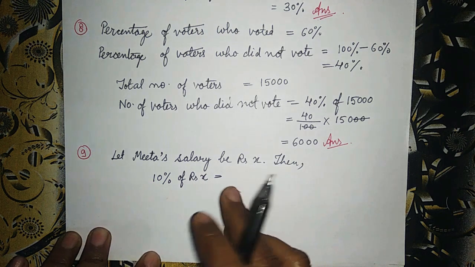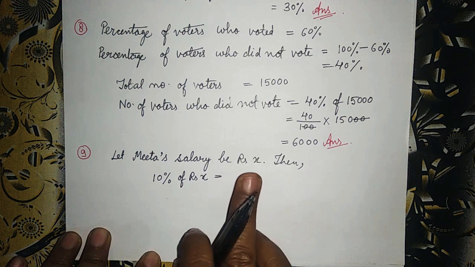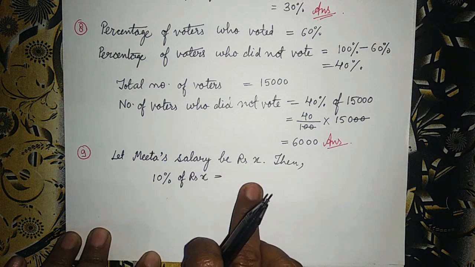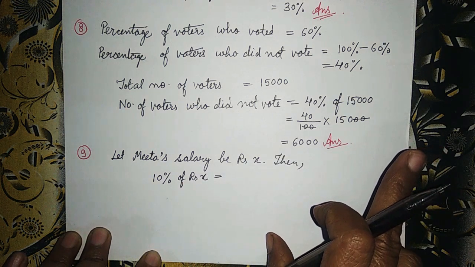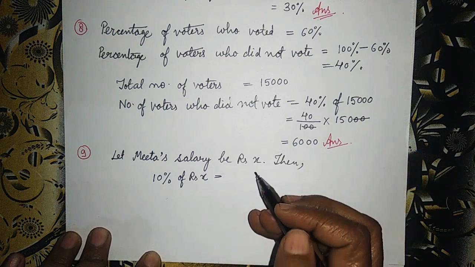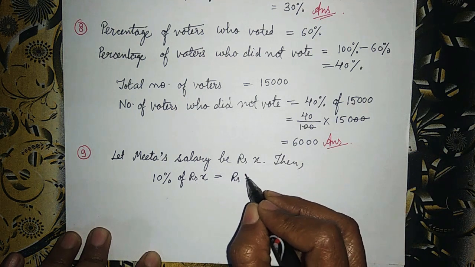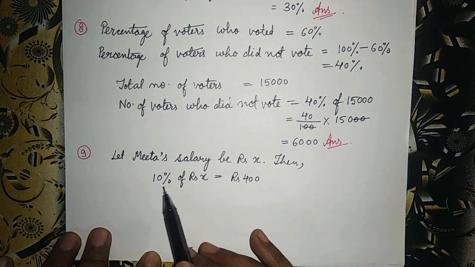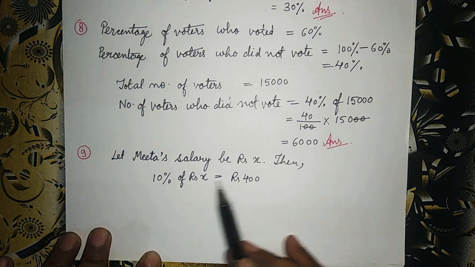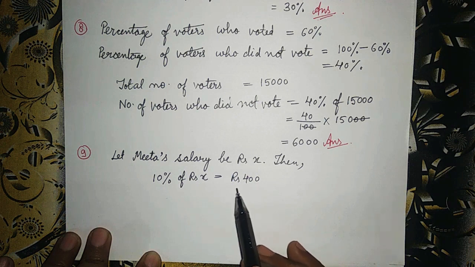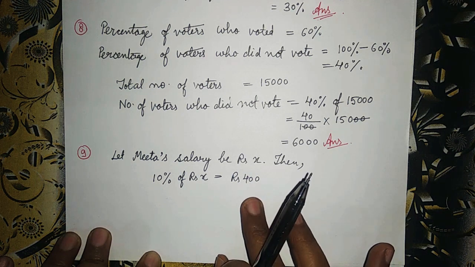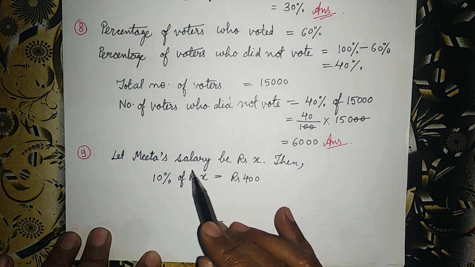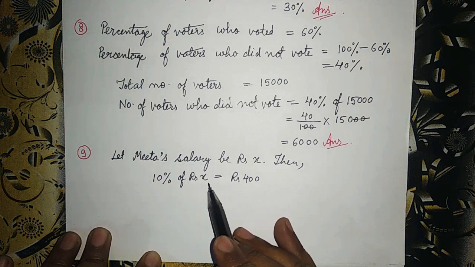And rupees 400 she saves. Now we can find the value of this X.